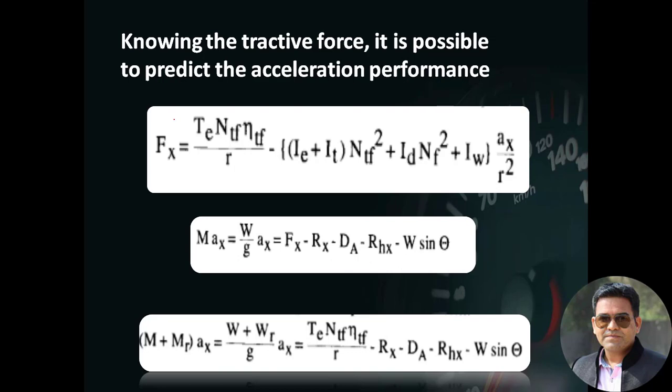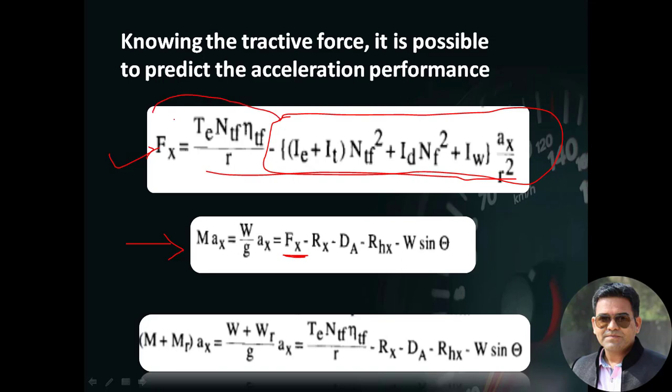Once we have the tractive effort or tractive force available, we can easily predict the characteristic behavior during acceleration and braking. This is our previous equation as it is for reference, and this equation I have already shown you in the first slide. With the help of these two, we can replace Fx with this whole term, and this negative term, which indicates the inertia loss, goes to this side.